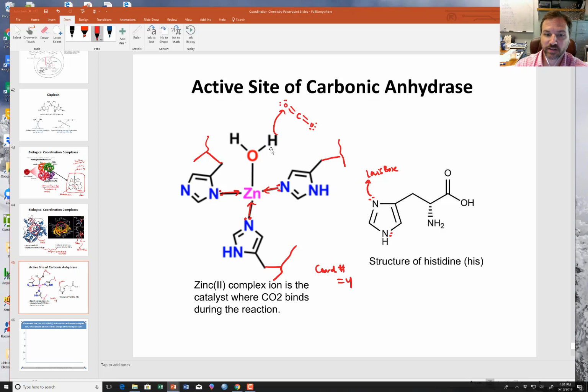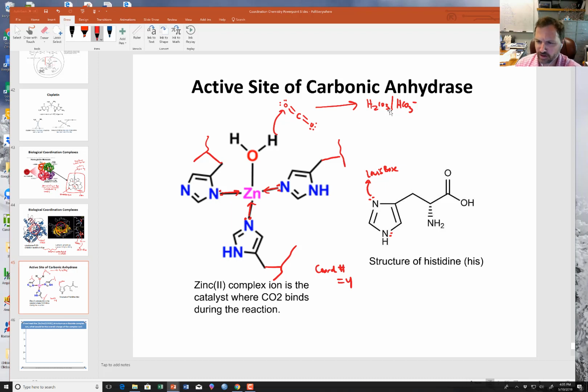And so then the H2O plus CO2 will then produce H2CO3 or HCO3 minus. All right, so this is basically catalyzing the reaction of water with carbon dioxide to help form the buffer components.